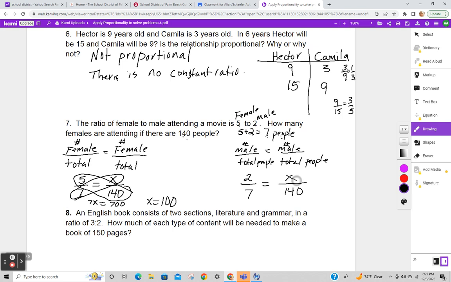We don't know. We'll find out. So let that be x. 2 times 140 is 280. 7 times x is 7x. Divide both sides by 7, and you see x is 40. You have 40 males.